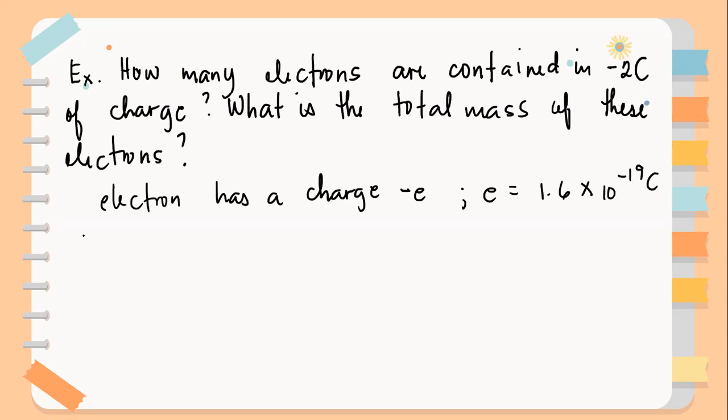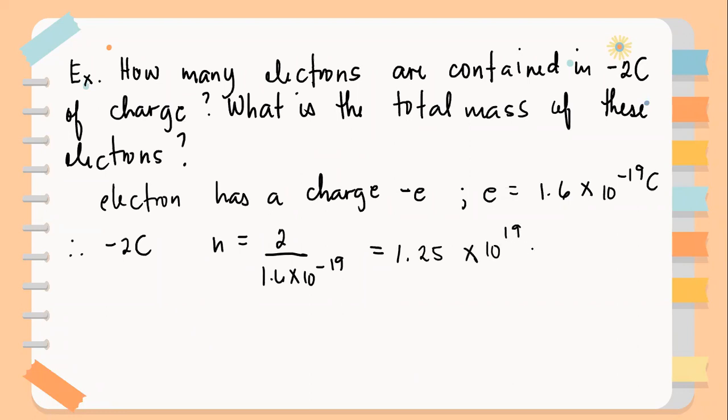Therefore, in negative 2 Coulomb of charge, there are N equal to 2 divided by 1.6 times 10 to the negative 19, which is equal to 1.25 times 10 to the 19 electrons.